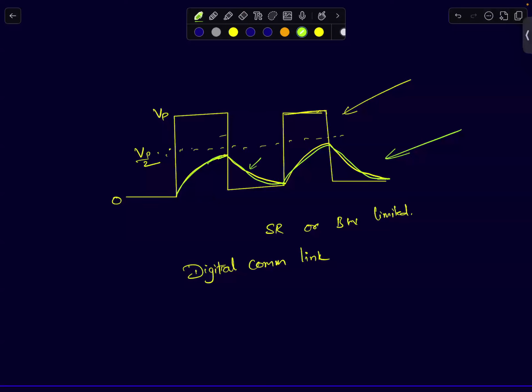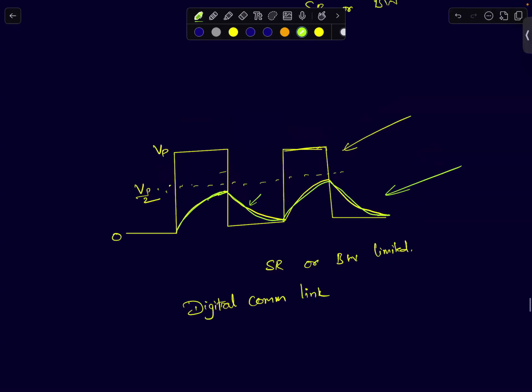So you will see such kind of waveforms if you feed a stream of digital data, for example, your wireline that connects your hard disk to computer. If you plot those waveforms on an oscilloscope, a badly designed cable will produce a waveform like this. If you transmit a stream of bits, a cable can be modeled as a finite bandwidth system.